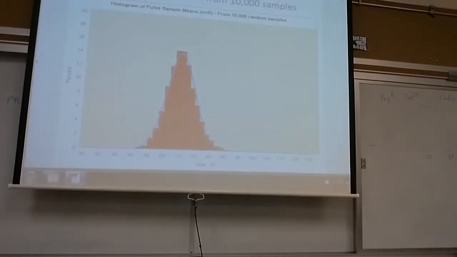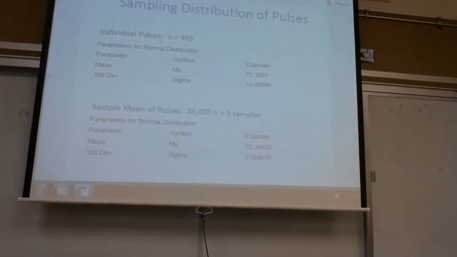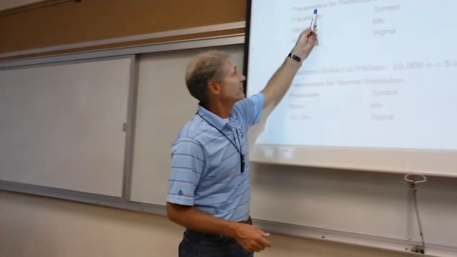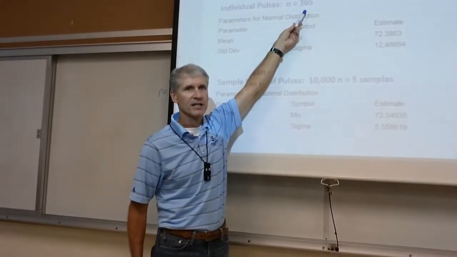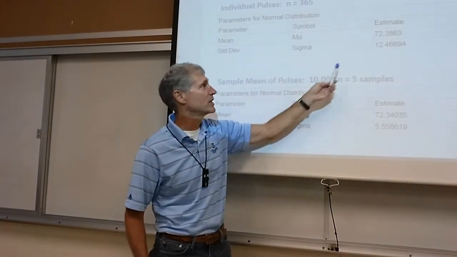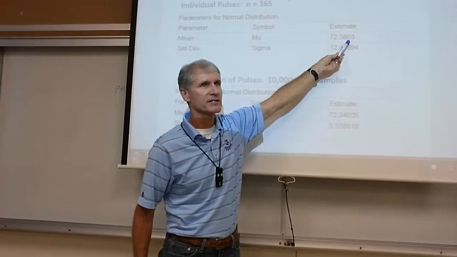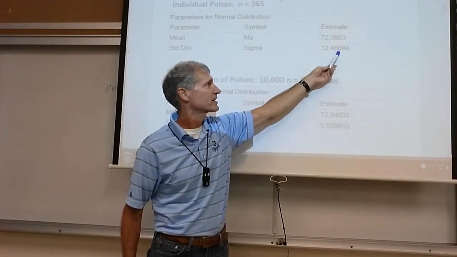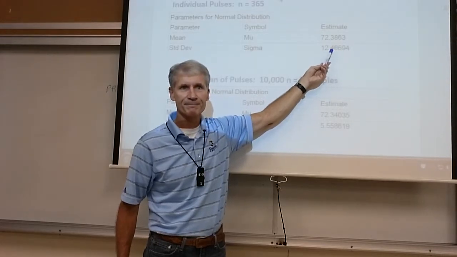Well, here are the statistics. From the 365 individuals in the population distribution, the mean was 72.386. The standard deviation was 12.467. Right?